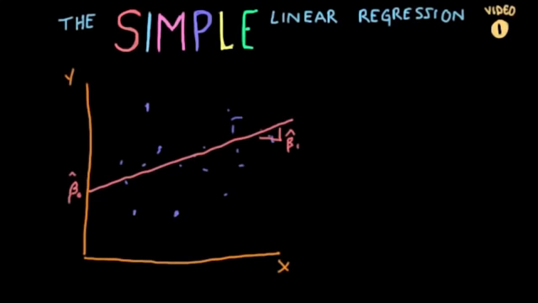And now we can take some x here, we'll call it xi, and at this point, say there's a point here, at this point we can go up to here, and this distance is our yi, so it's what we actually observe. It's our data. Our data says that this point is at yi and xi.